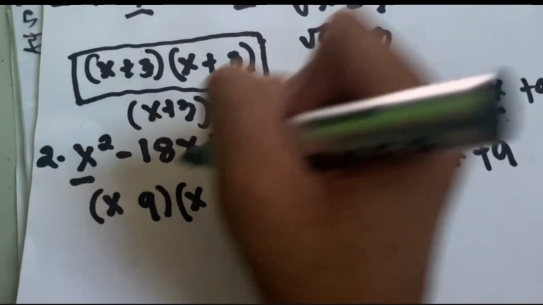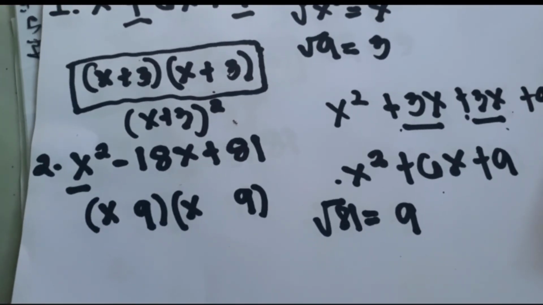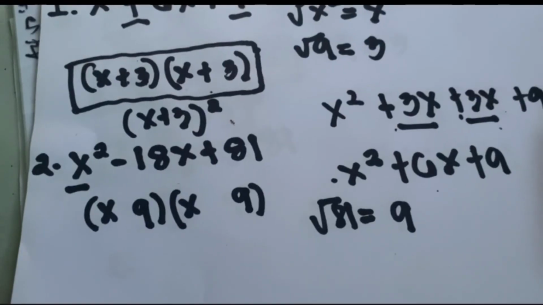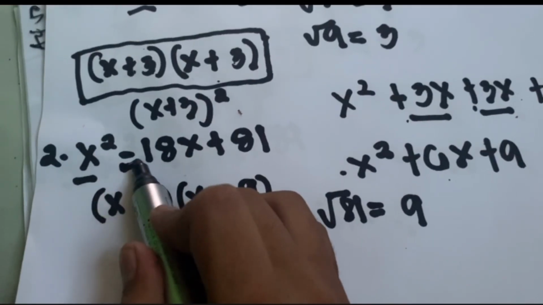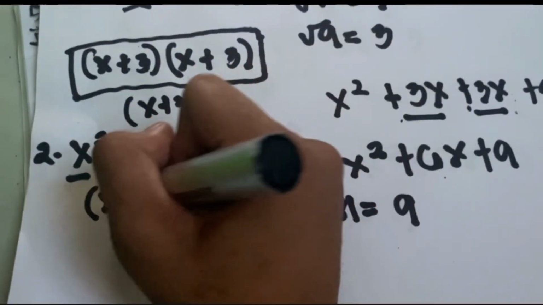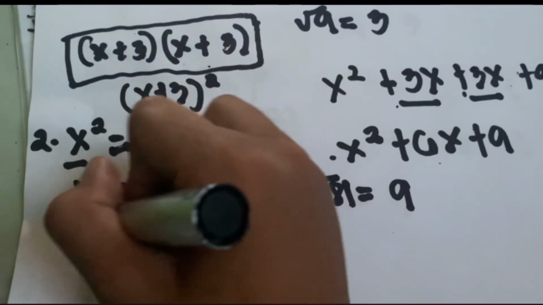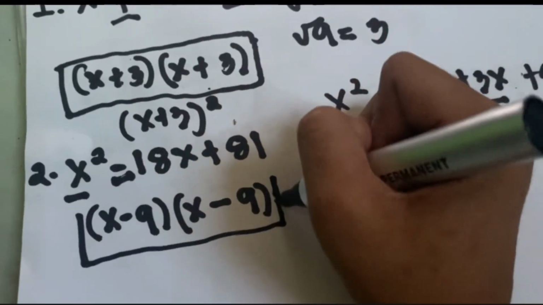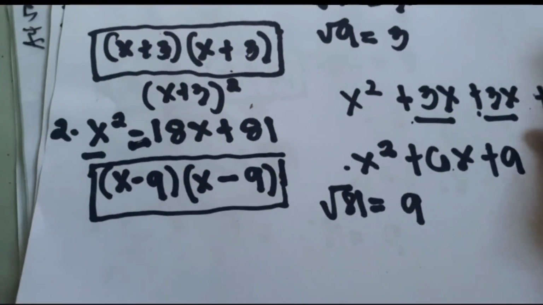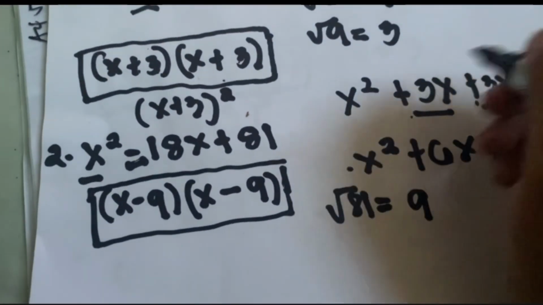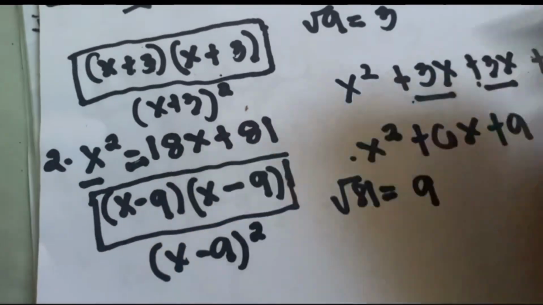The question is, how do we finalize our answer? Just like what I did earlier, we copy the sign of the middle term coefficient, which is negative. That is the factor for item number 2, or in short, we can factor it like x minus 9 squared.